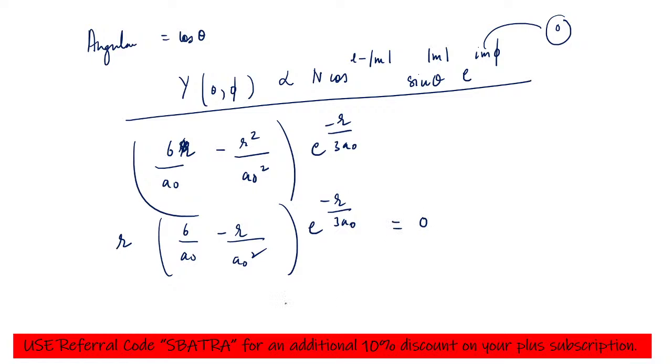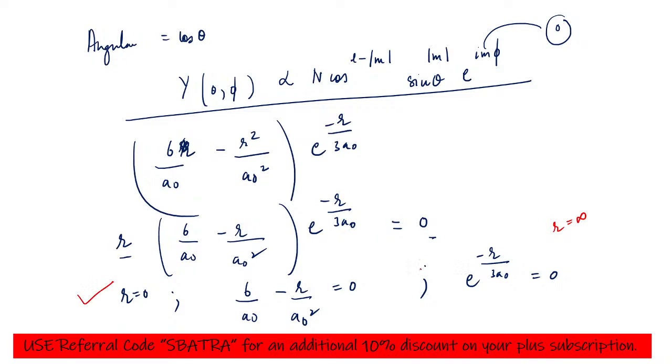Now we can have three functions: r is equal to 0, or 6 by a naught minus r by a naught square is equal to 0, or e to the power minus r by 3 a naught is equal to 0. See, r is equal to 0, and if the exponential part is equal to 0, that means r is equal to infinity. So can I say that these two conditions are boundary conditions?